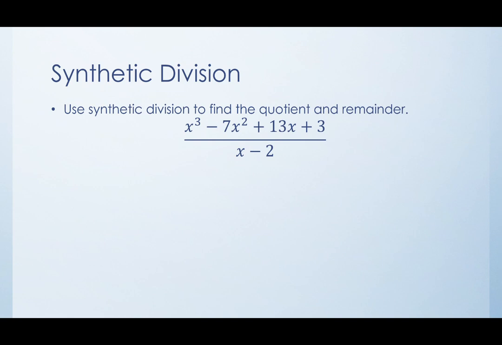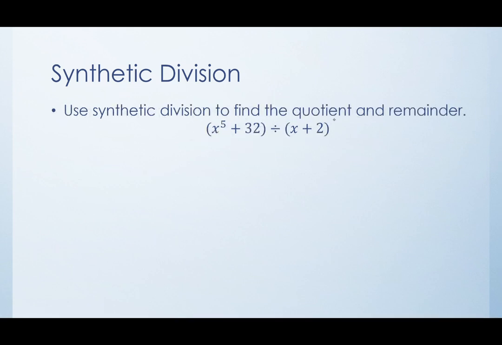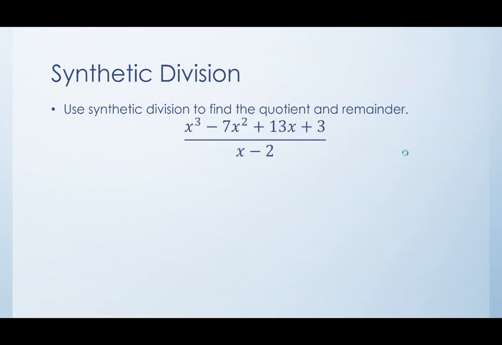Okay, so how do we do this? We want to divide this polynomial. All of this is our p of x. This down here is our d of x. And so remember, the divisor, we're dividing by x minus a number.